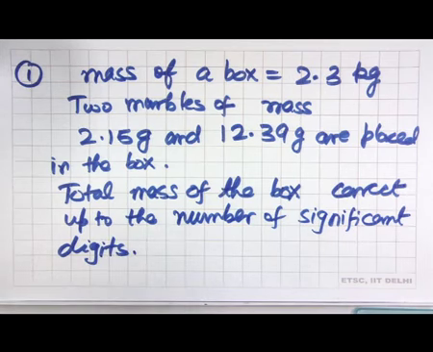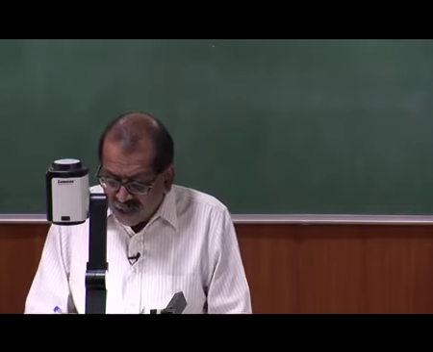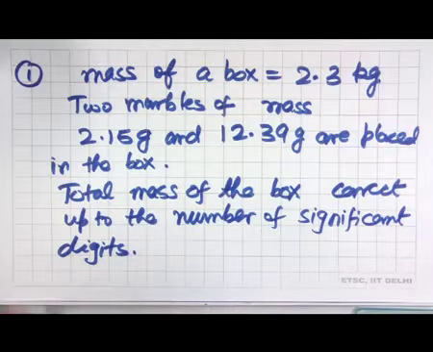In a problem like this, we have to look at all the individual quantities and find the number of significant digits in each of these, and use the rules which we have seen.